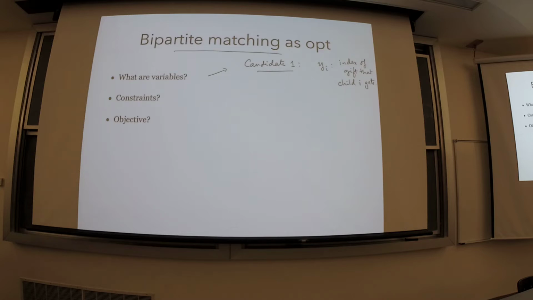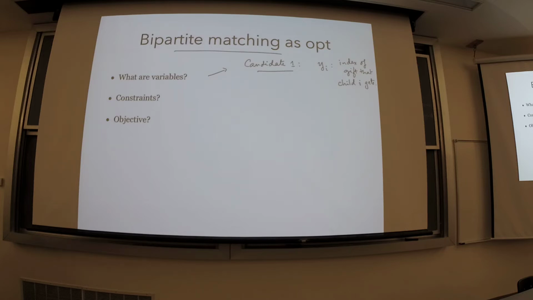And you would like all these yi's to be distinct. Those would be the kind of constraints you would write over there. Okay, but you will realize that if you write those kind of constraints, writing down the objective becomes a bit more tricky. But yeah, let's not go too much into that.